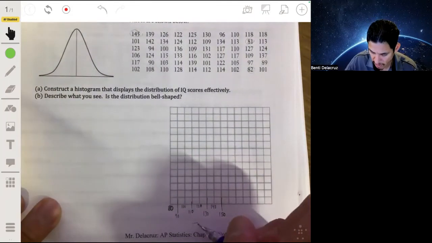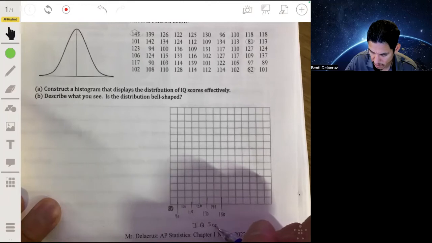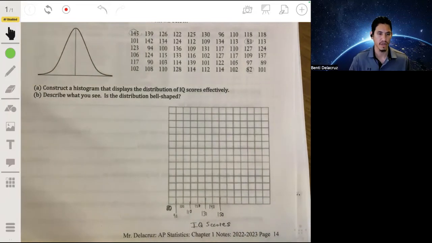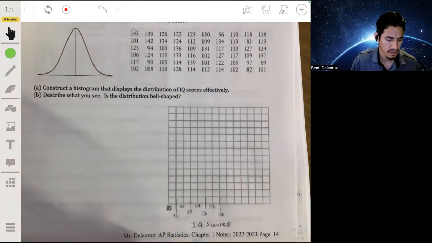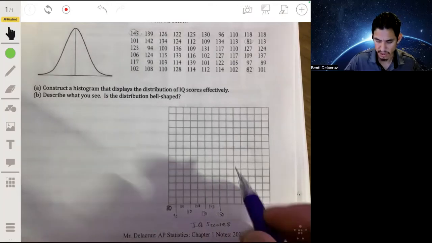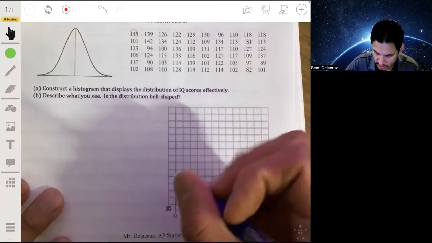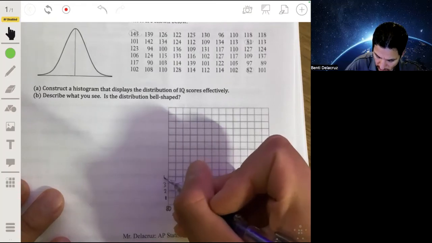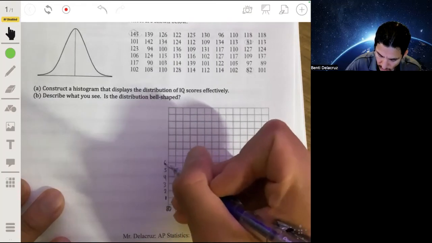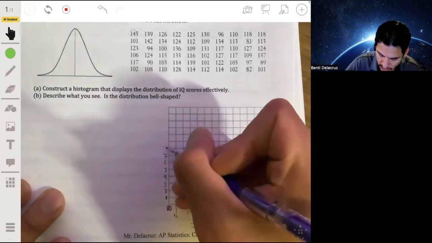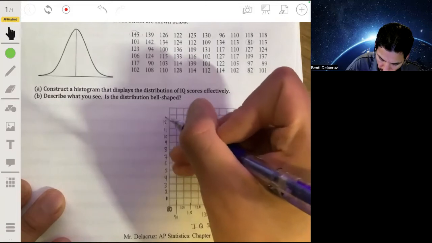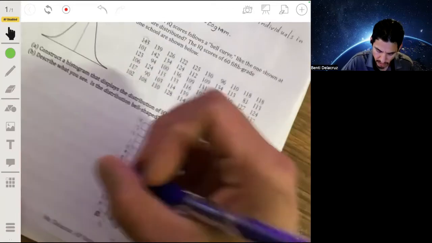Here, let's label IQ scores. And then we're just going to make a frequency histogram, so we're just going to include the raw counts. It looks like if we go by ones, we should have enough space. So let's just go by ones. Frequency on the vertical axis. Let's label it.